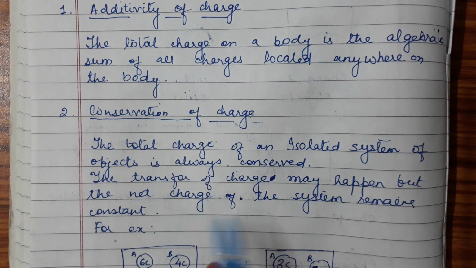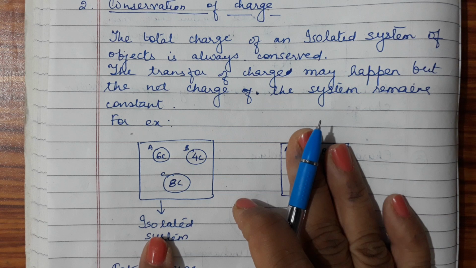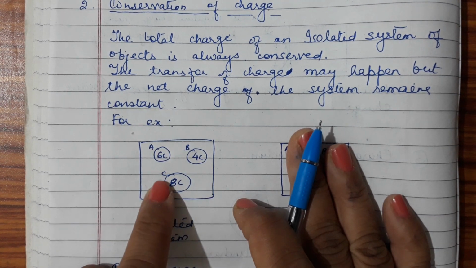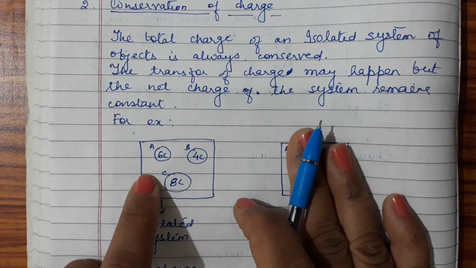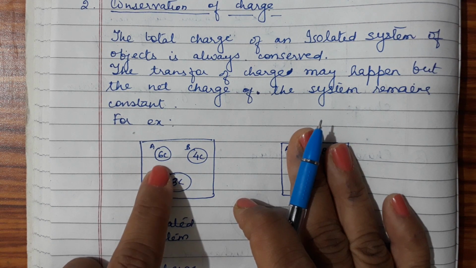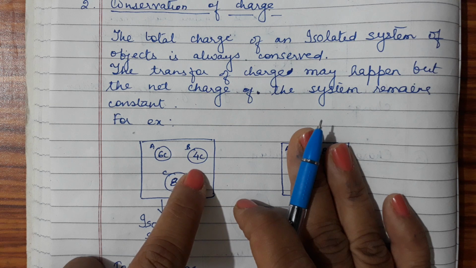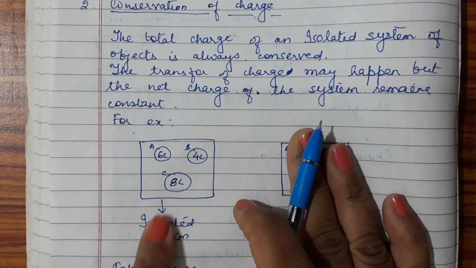For example, suppose this is an isolated system with objects A, B and C. Object A has 6 coulomb of charge, object B has 4 coulomb of charge, and object C has 8 coulomb of charge.